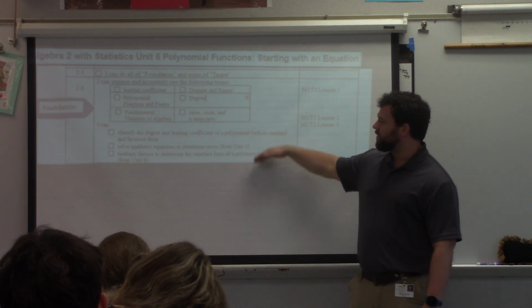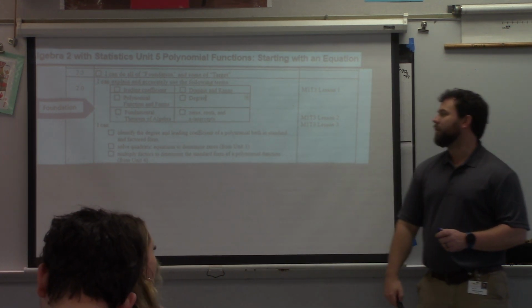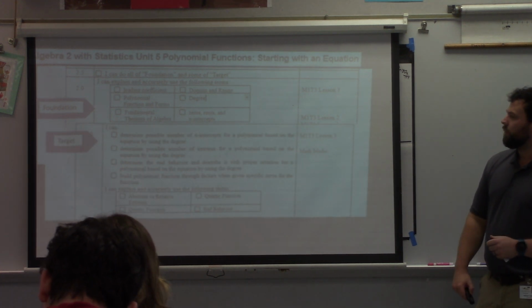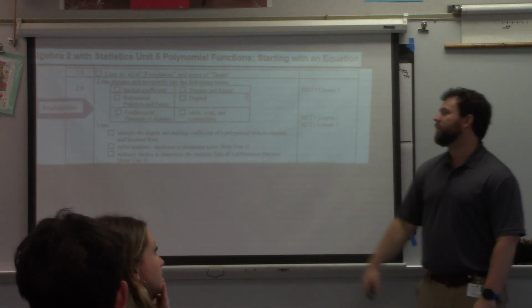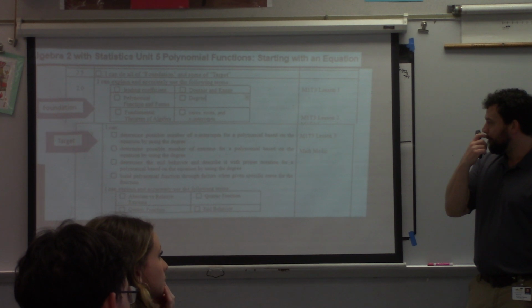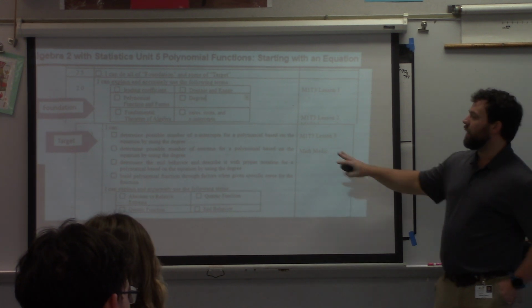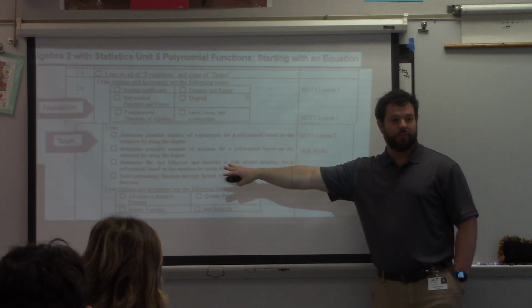Notice this foundational piece is a lot from Units 3 and 4, and we're going to continue working with those ideas. The only thing not from a previous unit is identifying degree and leading coefficient, because we just haven't done leading coefficient yet. Okay. Please notice right here, and I need to make this clear because you got to know what you're getting yourself into.